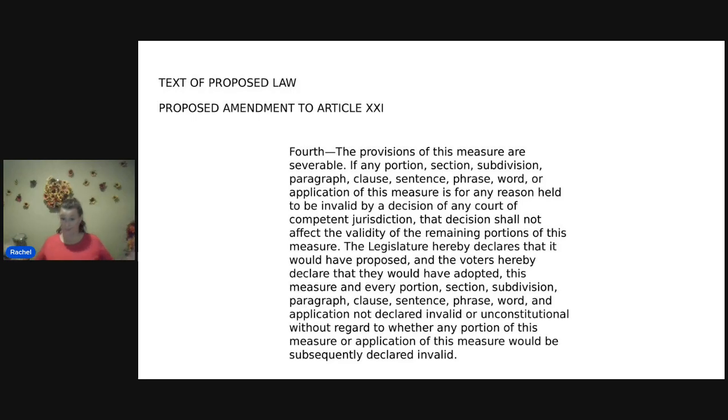So basically what it's saying is that what's not severable, what's not being taken out, is going to be kept.